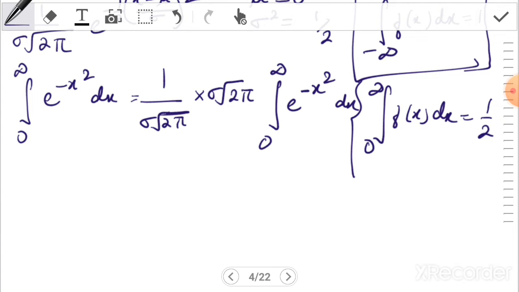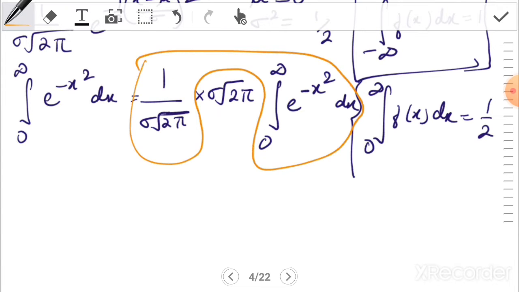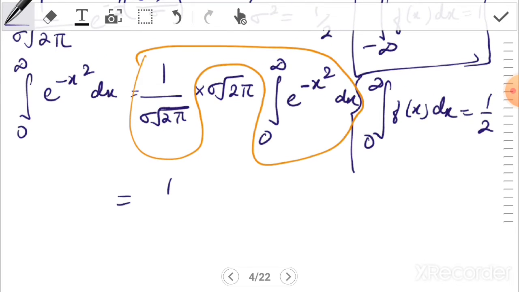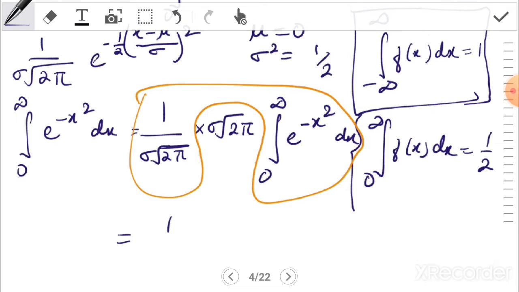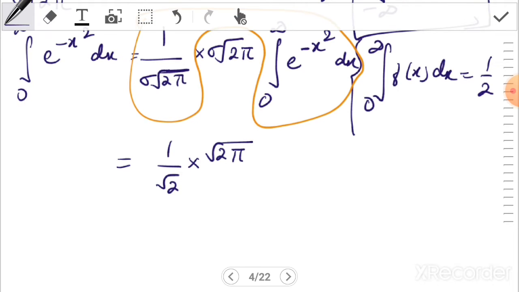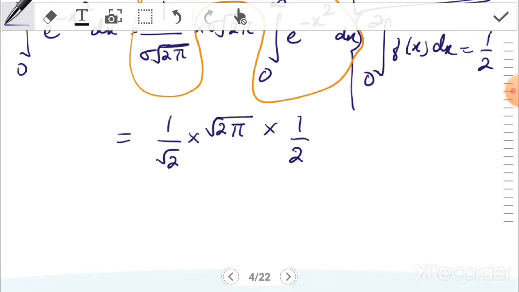We know that this will be equal to 1 by 2. So we have sigma square as 1 by 2, sigma as 1 by root 2, and root 2 pi, so into 1 by 2. So we have root pi by 2.